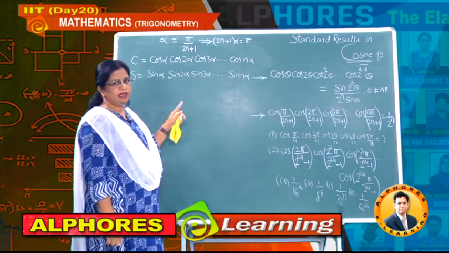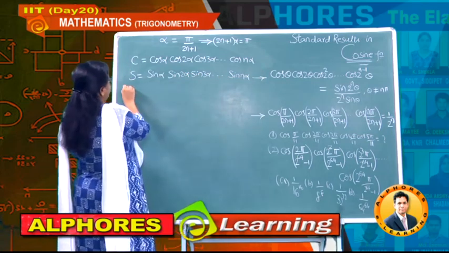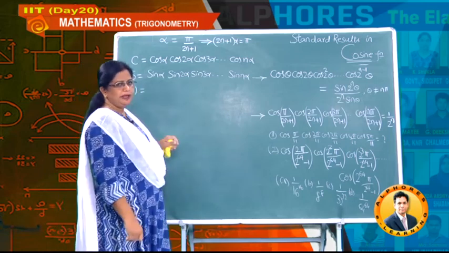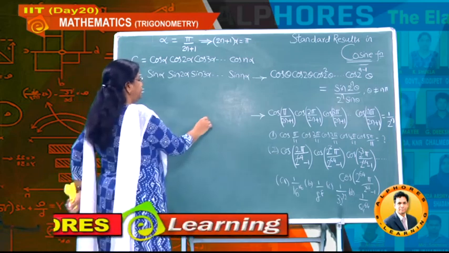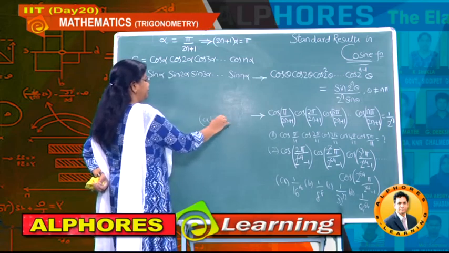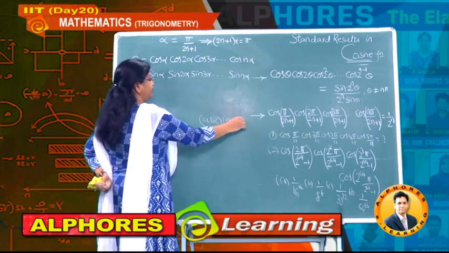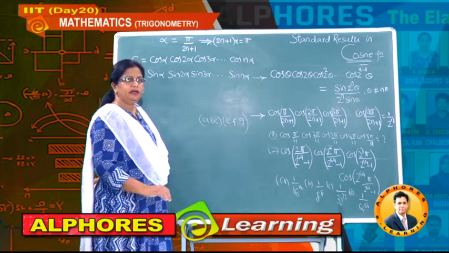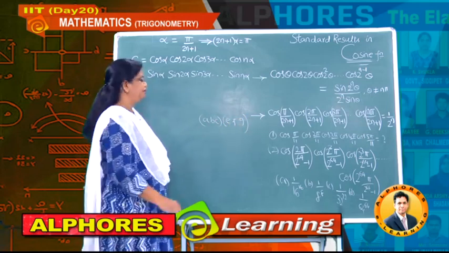Now let us multiply. So C into S, we are multiplying. Whenever a, b, c is multiplied with e, f, g, students, then in multiplication you can use any order.